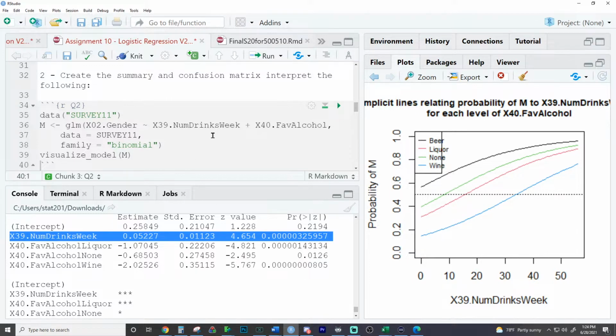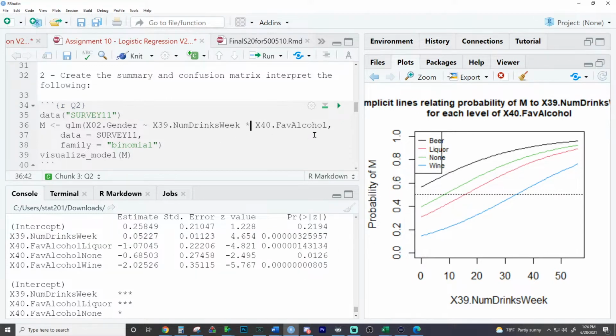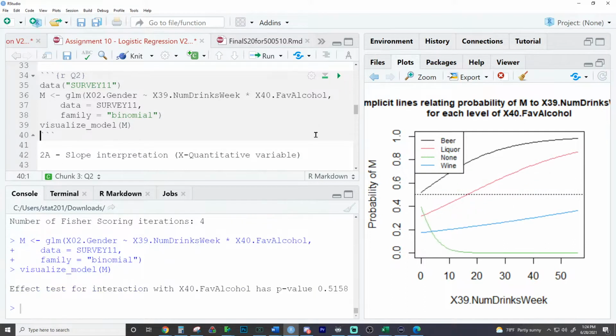We could make this really crazy right here, which don't do this quite yet. But whoa! So you see right here, if you don't have a favorite and you drink more, then you actually have a higher probability of being female. The interaction right here is not statistically significant, probably due to low sample sizes. Even though you see a huge switch right here, probably that's a small group.